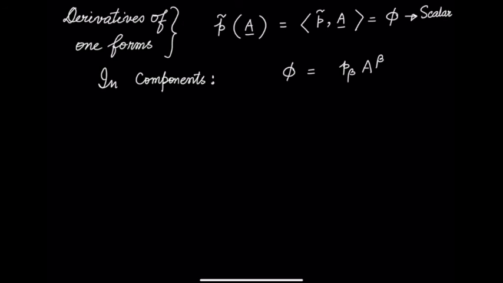Okay. So let's take a derivative of phi with respect to a coordinate. So say del alpha of phi. This means del alpha of p beta a beta. Let's work it out.